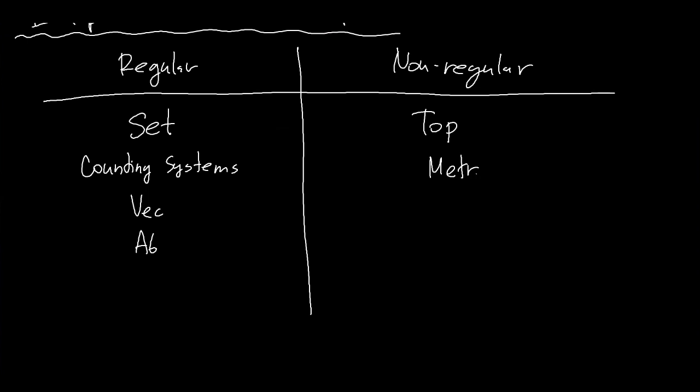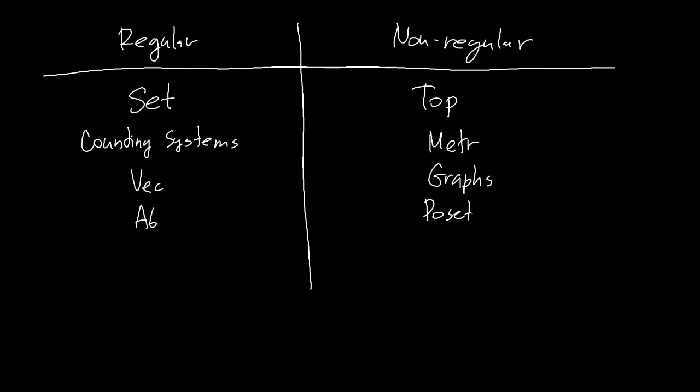It's not regular. Graphs is not regular. Posets, the category of posets is not regular. Is that the category of graphs? The category of graphs, yeah. What are morphisms there? Graph morphisms, those edge preserving morphisms.